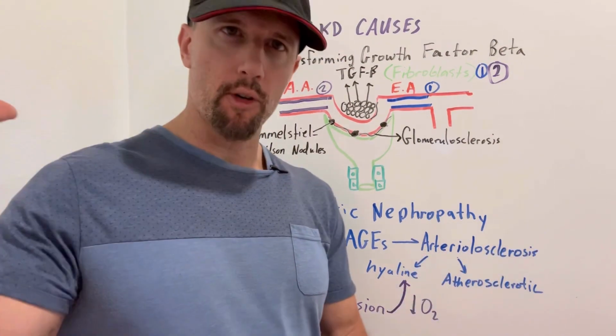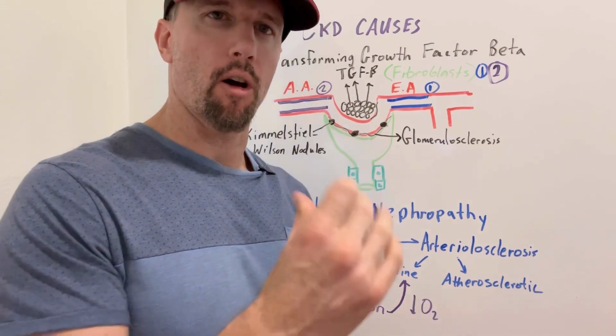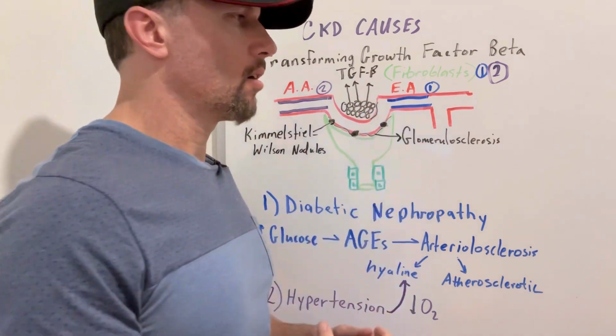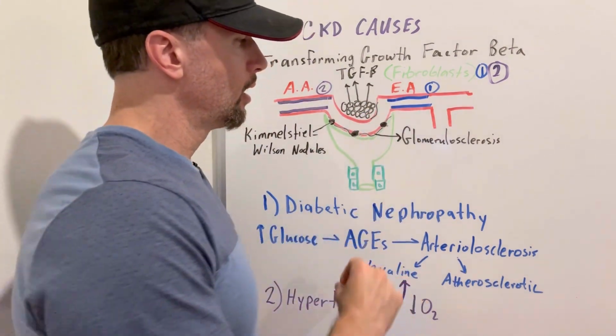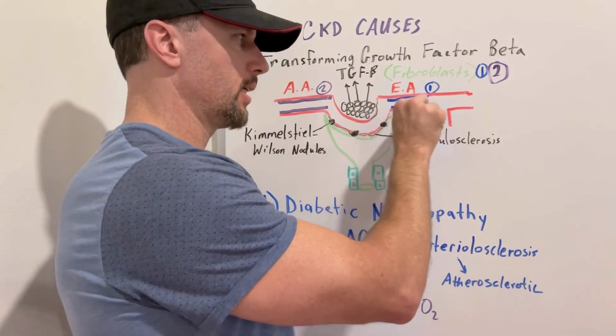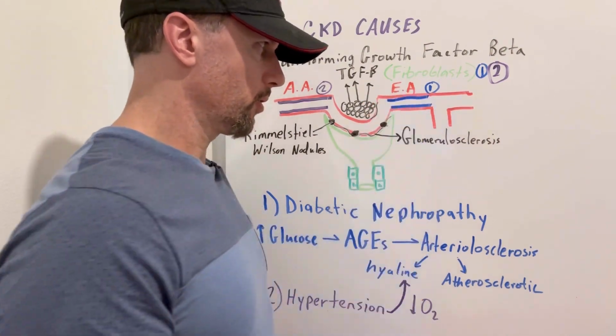So remember, arteries are big, and once they get smaller, they're called arterioles. The afferent and efferent arterioles are pretty small arteries, but for some reason, these agents will preferentially damage the efferent arteriole.